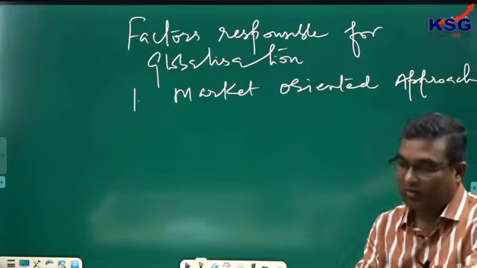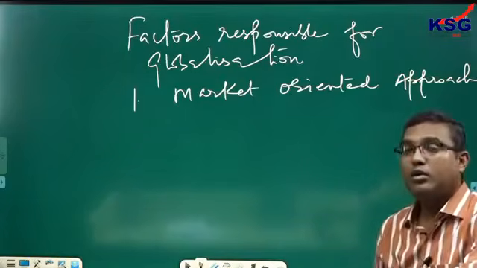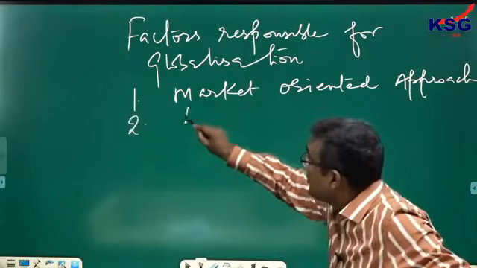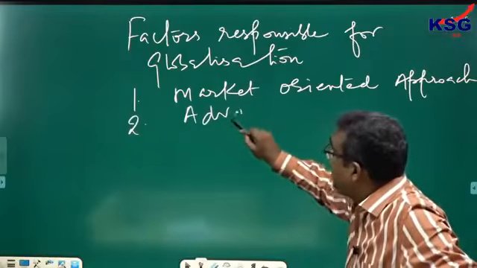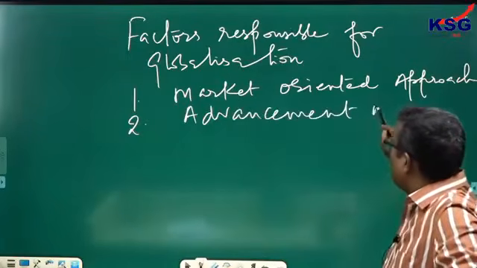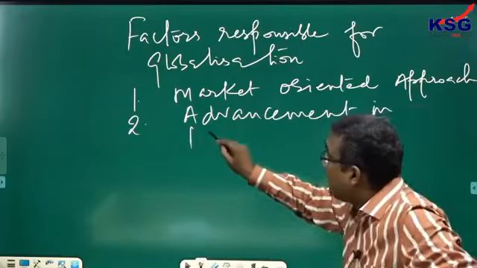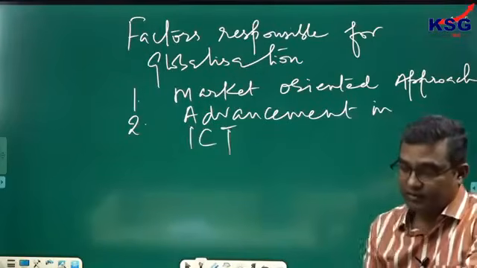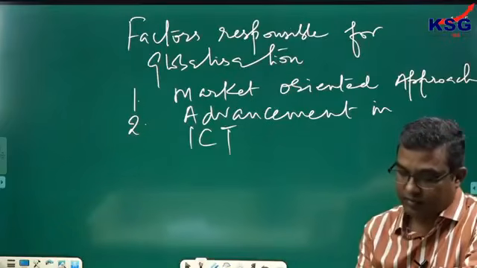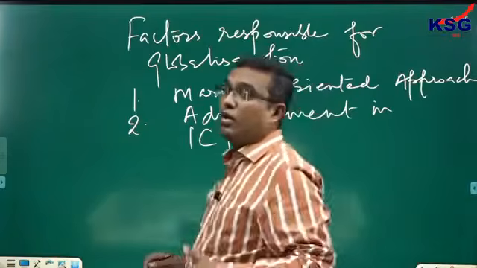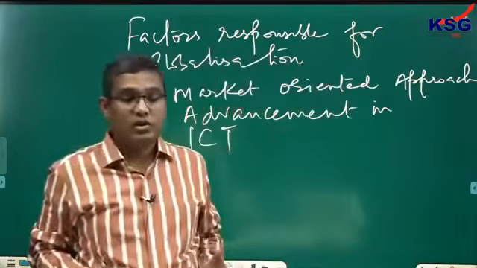The next important factor which played a very important role in globalization is the advancement in ICT, information and communication technology. Why did ICT play an important role in the spread of globalization?